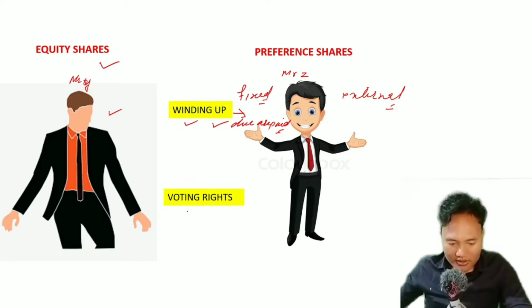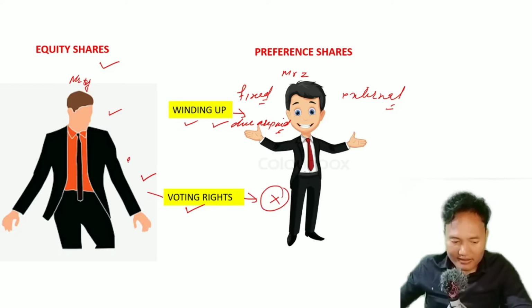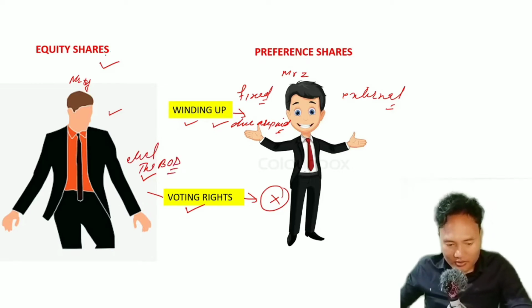The next point is voting right. The preference shareholder does not have voting rights, whereas the equity shareholder has voting rights. They can elect the board of directors. The board of directors is elected by the equity shareholders.